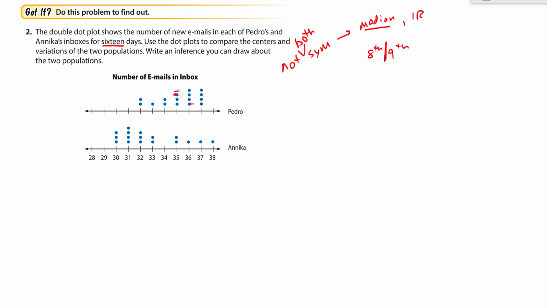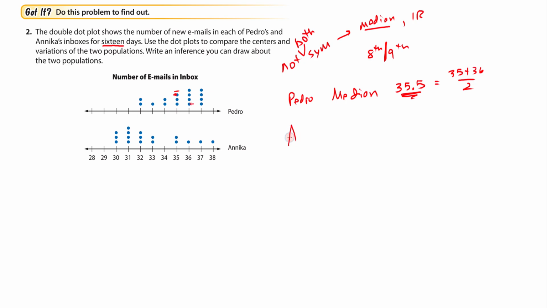For Pedro, the median is halfway between 35 and 36, so it's going to be 35.5. I could do 35 plus 36 and divide that by 2, but I should be able to figure that out. It's just halfway between 35 and 36.